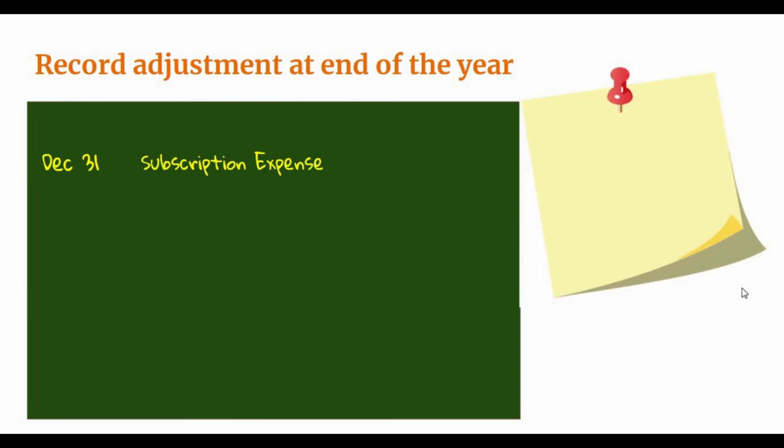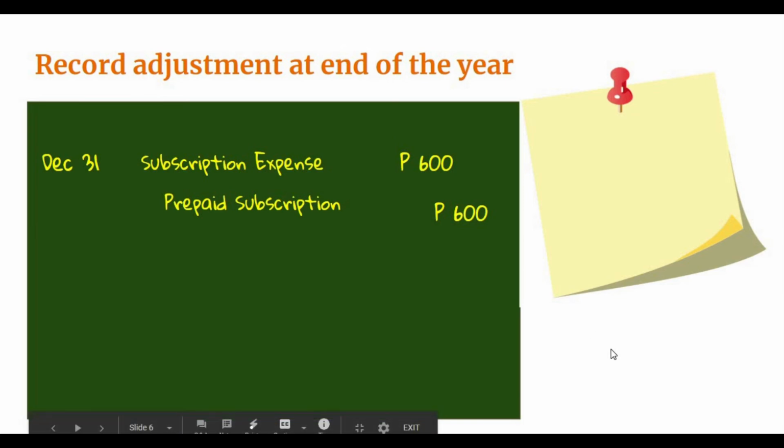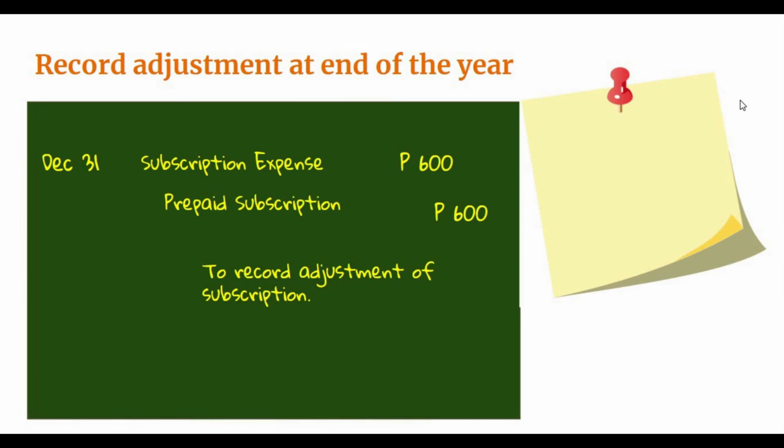So 600 is the amount you will use, and then you credit the asset that you have recorded previously. Your prepaid subscription decreases by 600 pesos. So this again is to record adjustments of subscription.